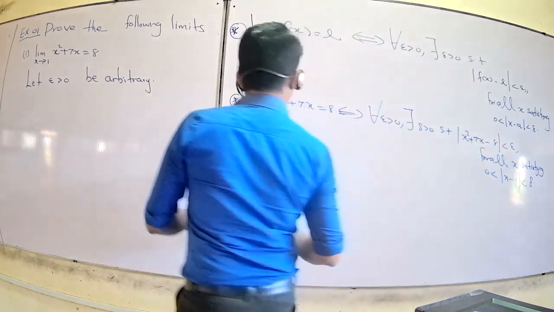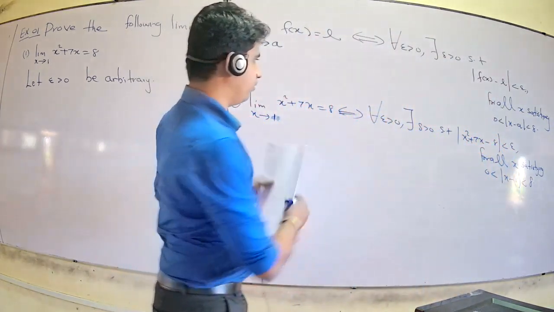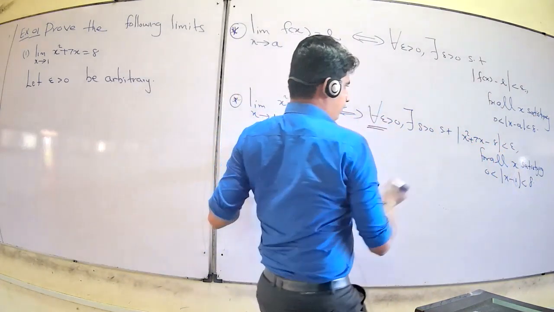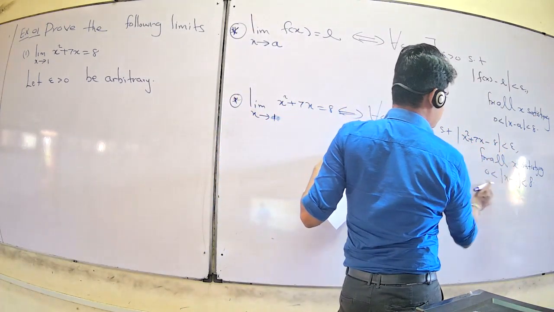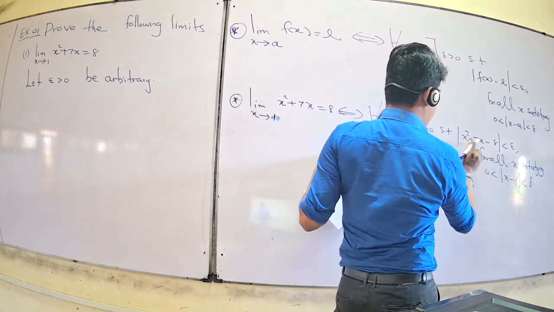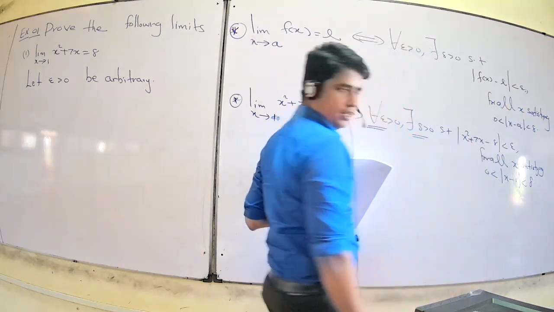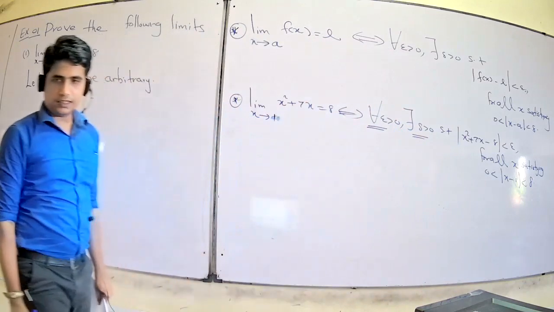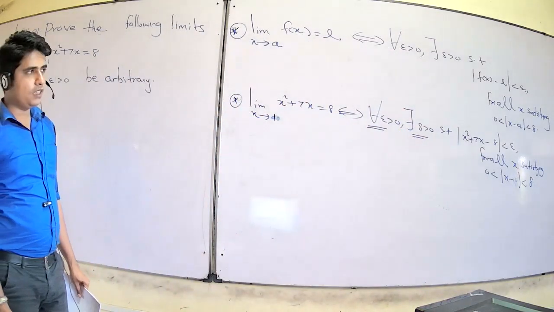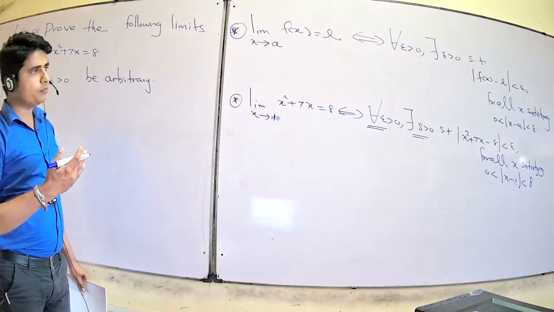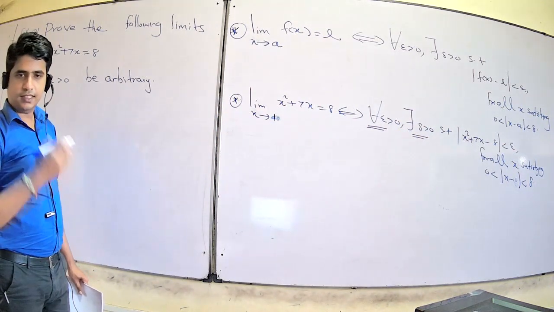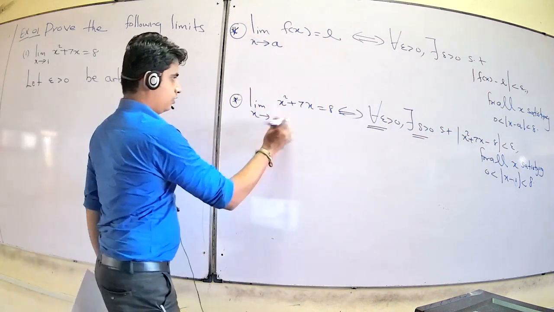You want to assume this condition for x, and prove that x squared plus 7x minus 8 is less than epsilon. That is your claim now.